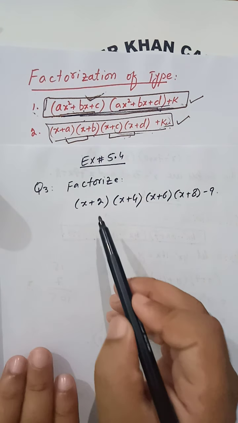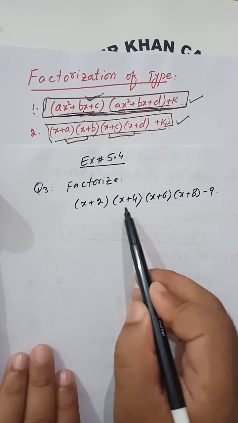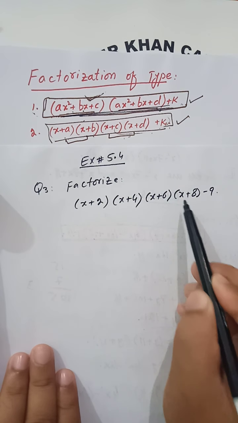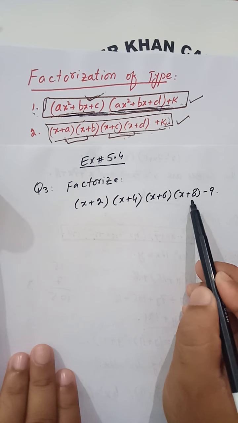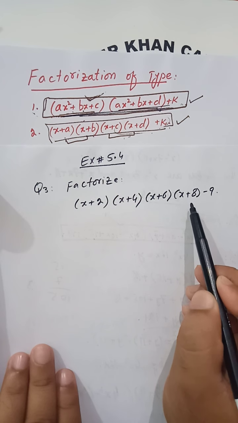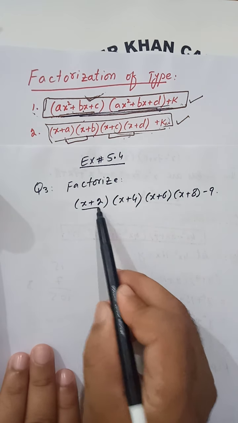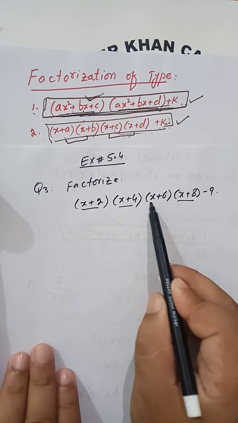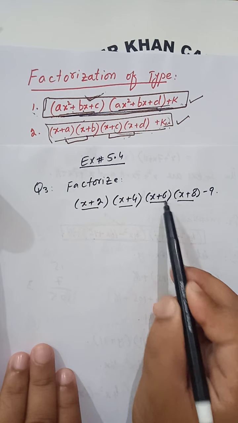So if I write x plus 2 with x plus 4, 2 plus 4 is 6, and if I write x plus 6 with x plus 8, 6 plus 8 you will get 14. So this is not correct. If I write x plus 2 with x plus 8, 2 plus 8 is 10, and x plus 4 with x plus 6, 6 plus 4 is 10.